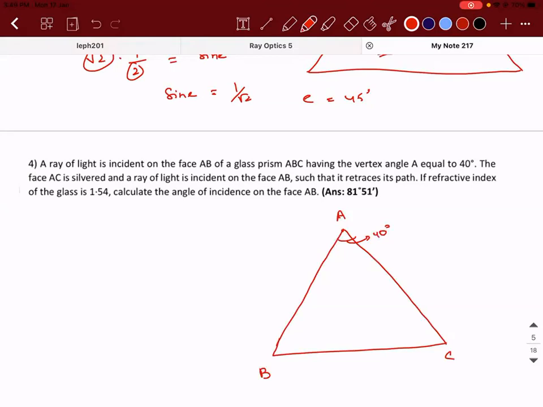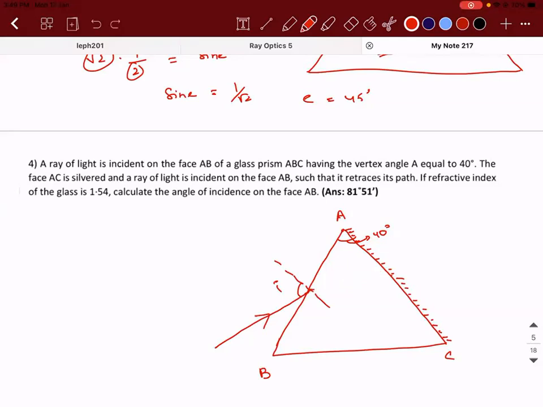The face AC is silvered, in the sense it is acting like a mirror, right? So a ray of light is incident on the face AB of a glass prism. So the angle of incidence is in such a way that the angle of refraction is there, right? The ray is going and hitting the surface on the other side.